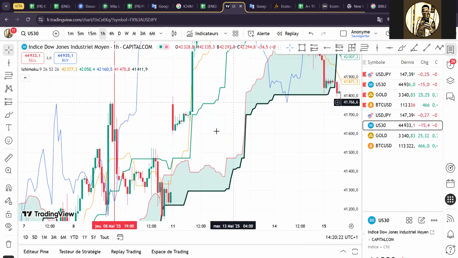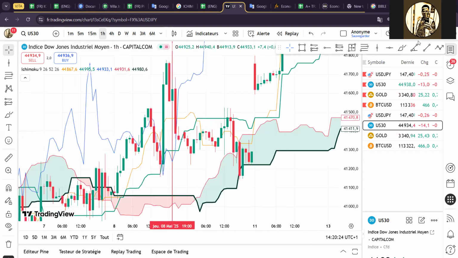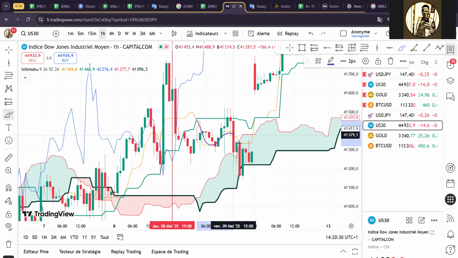So you have this correction, right? You will realize that Tenkan is making as if it is going down, but actually it will touch the cloud, but the price will continue to go to the upside.